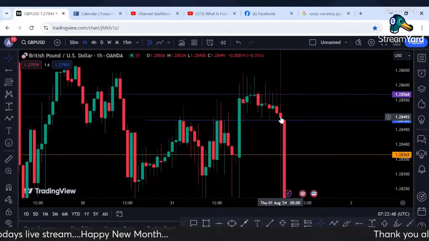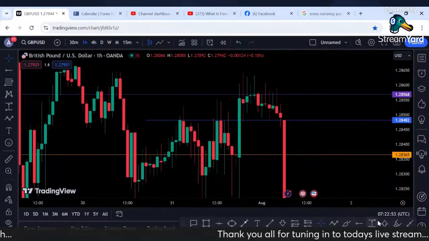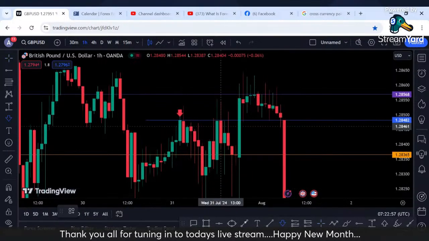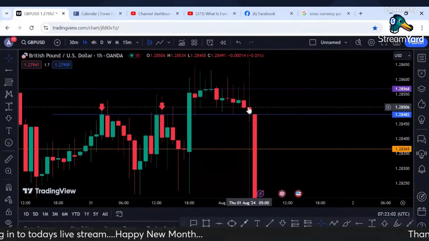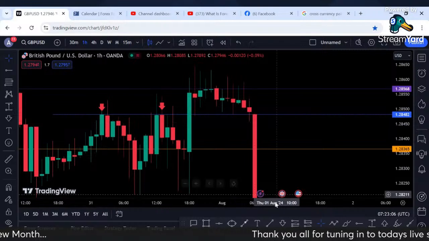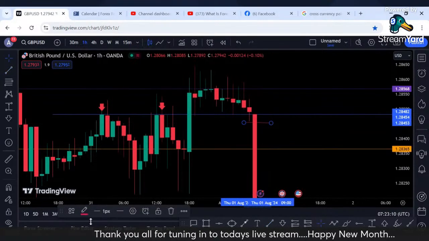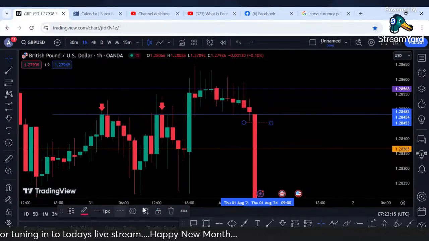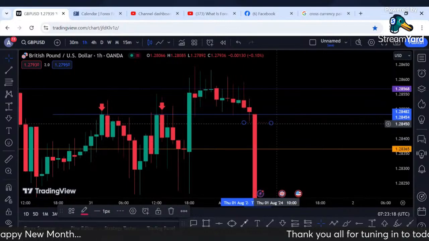The midst of the trade is that I wanted this candle to close, because we have some rejection over here. We have rejection over here, and over here. So I wanted this H1 candle to close beneath this one, then I would take a sell.